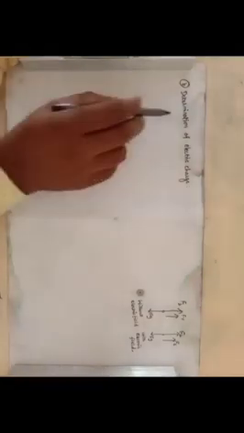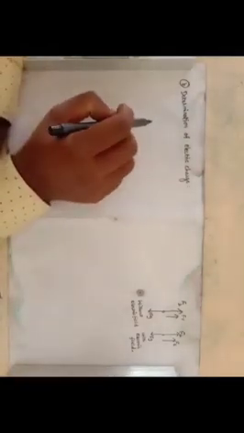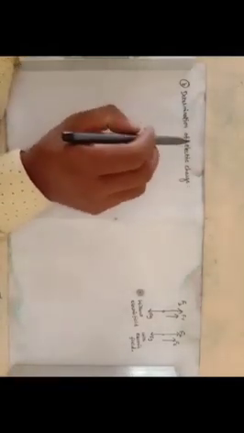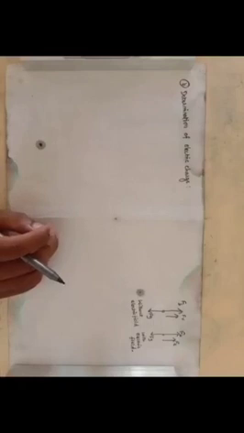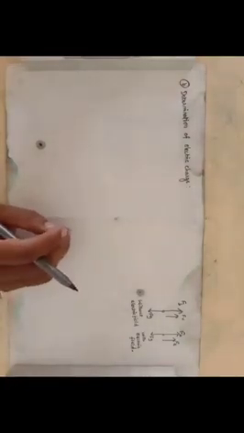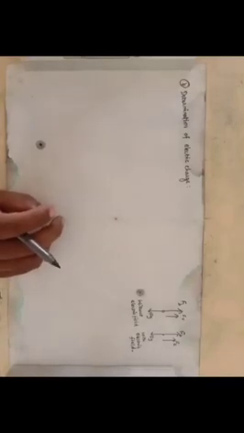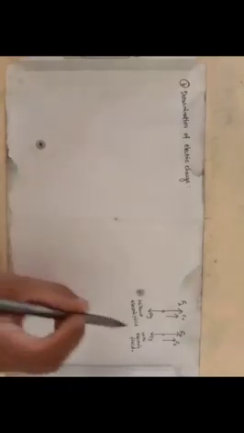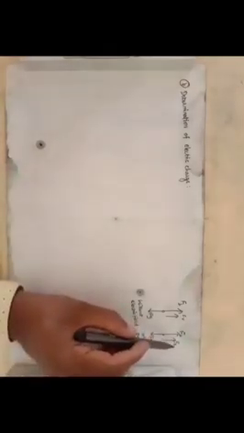So next, determination of the charge of an electron, that is, the determination of electric charge. When the electric field is switched on in the oil drop experiment, the charged oil drop experiences an upward electric force, that is qE.